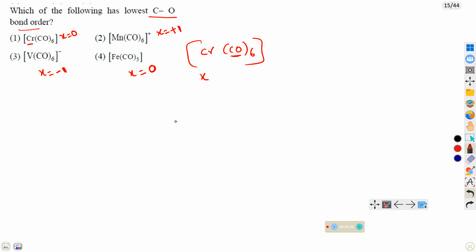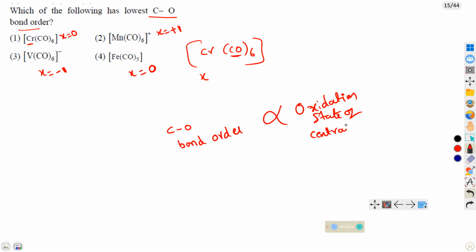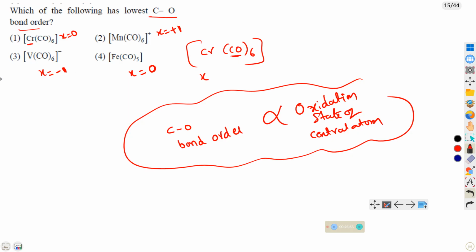The question is related to the lowest CO bond order. The CO bond order is directly proportional to the oxidation state of the central atom. So based on that, third option correct.